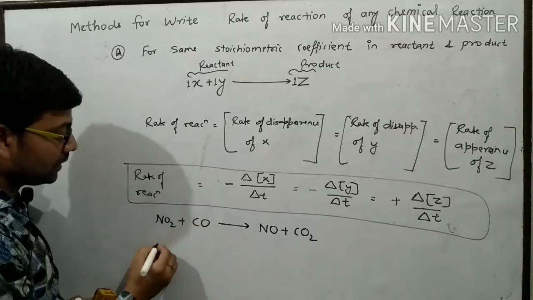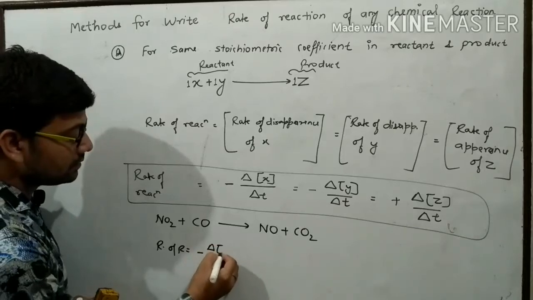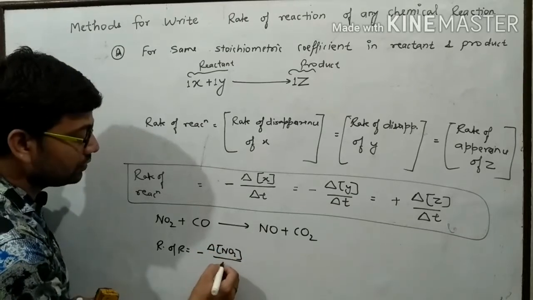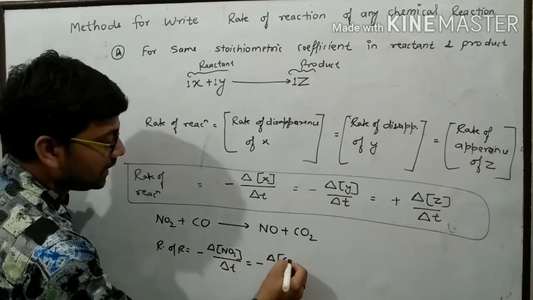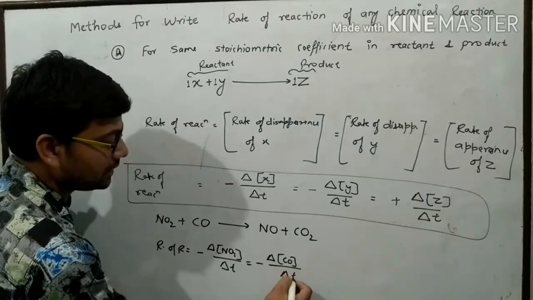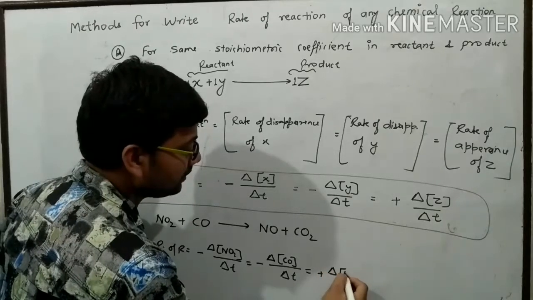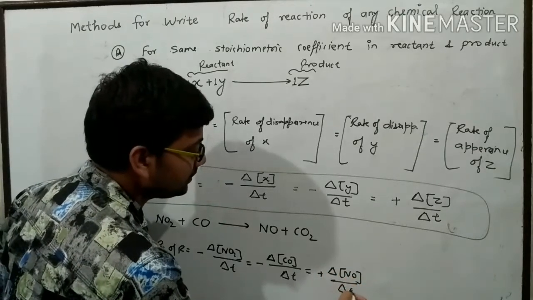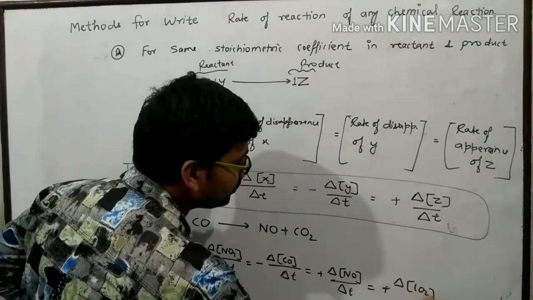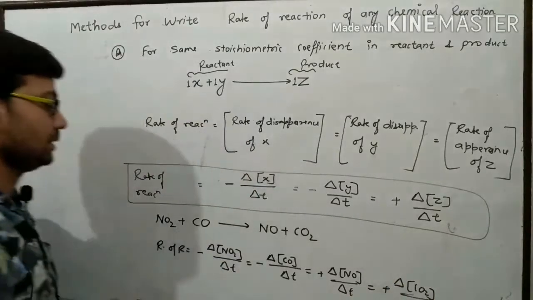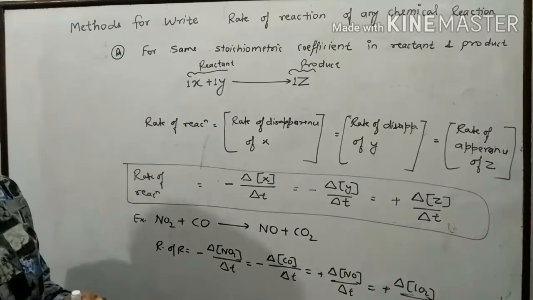So, the rate of reaction equal to minus delta change in concentration of NO2 upon delta T, equal to minus delta carbon monoxide concentration upon delta T, equal to plus delta NO upon delta T, equal to plus delta CO2 upon delta T. This is the normal example related with the same coefficient.